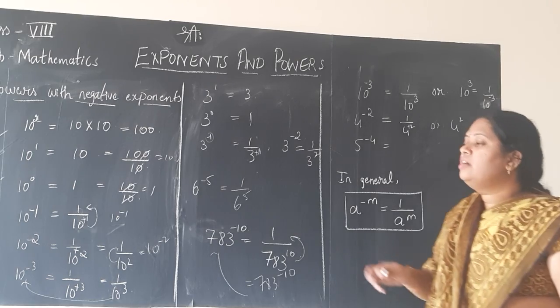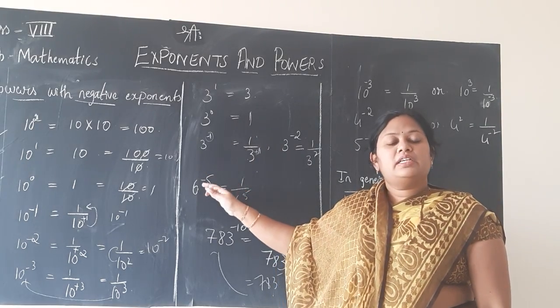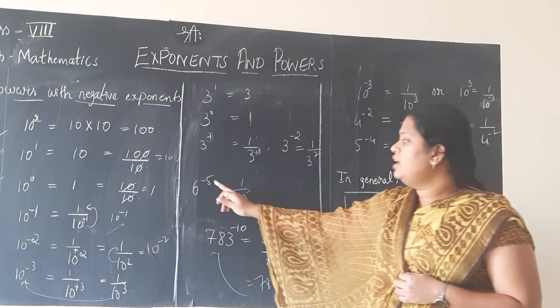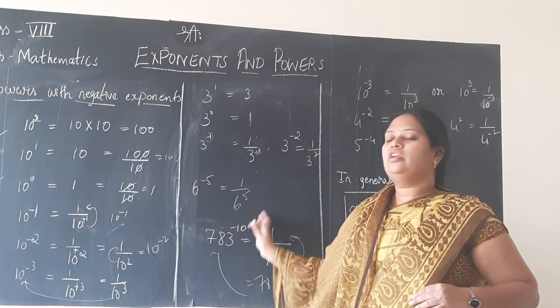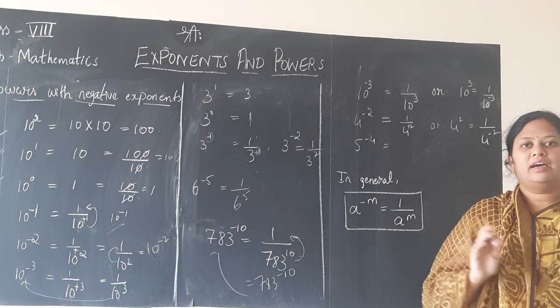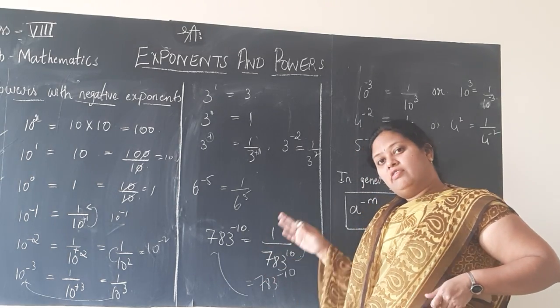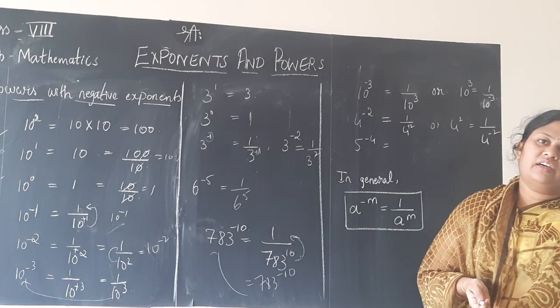It is not like the negative exponent will always be in the numerator only. The concept that a negative exponent is always in the numerator and becomes positive when sent to the denominator is wrong, children. If it is in the denominator, then when sent up it also becomes positive.